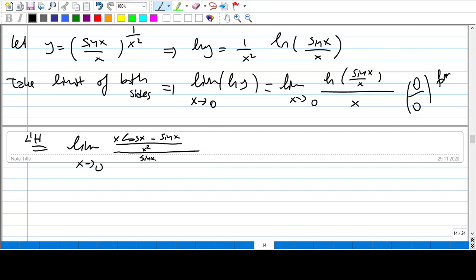Pay attention. Here we have several over terms. It is better to write limit x to 0. Then the below term, we have x squared here, and the derivative of x squared is 2x.